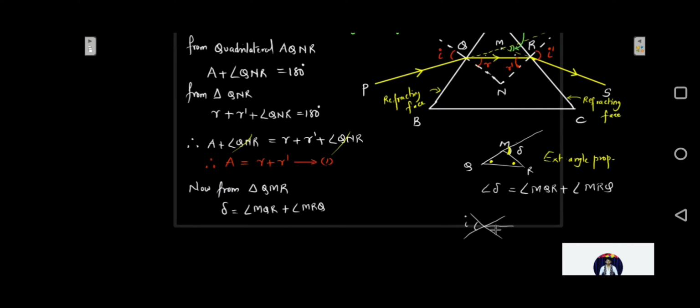This is my r. So I can say that this angle of incidence will be the same as this complete angle because they are vertically opposite angles. Let's say this angle is theta. So I can say that angle i is equal to r plus theta because they are vertically opposite angles. That means my required angle, or rather I would replace this theta by angle MQR.